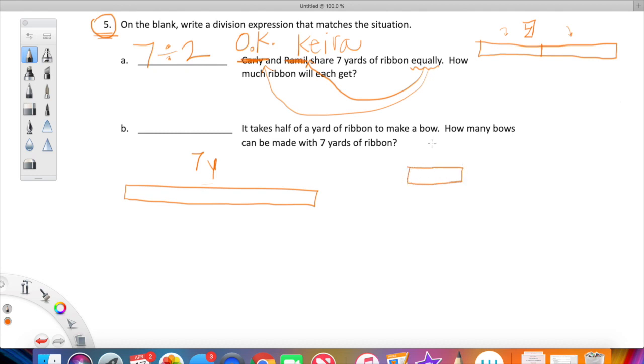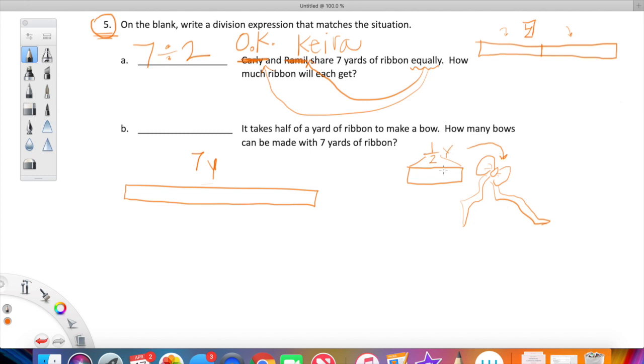Okay, so I'm just going to break off a little model here. It takes half of a yard of ribbon to make a bow. So I really want to draw this out so that this is meaningful for me, so that I feel super confident when I'm writing my expression that it makes sense. How many bows can be made with 7 yards of ribbon?